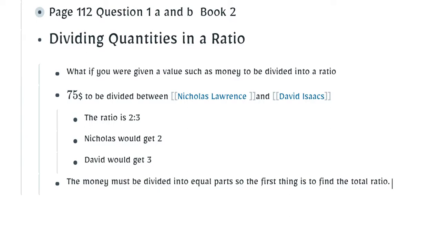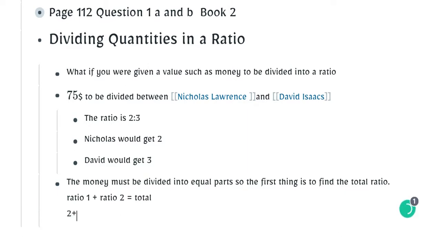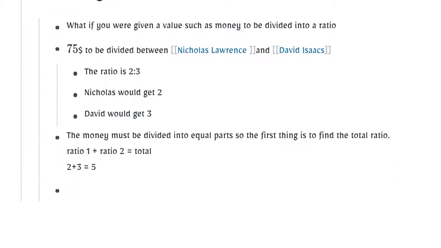The total ratio will be what? Ratio 1 plus ratio 2. So that would be 2 plus 3. So ratio 1 plus ratio 2 equals total. That would be 2 plus 3, and that would be 5. So now our total ratio is 5.